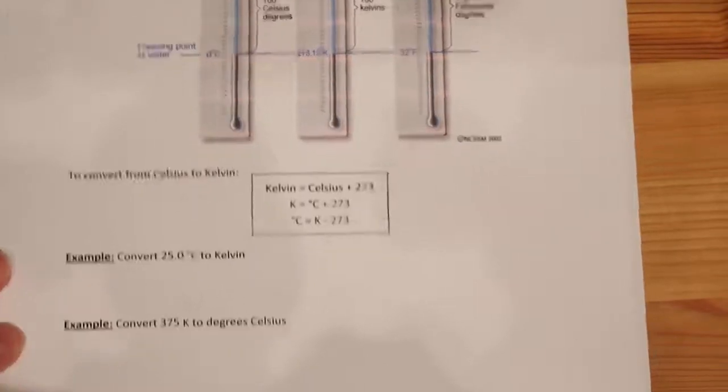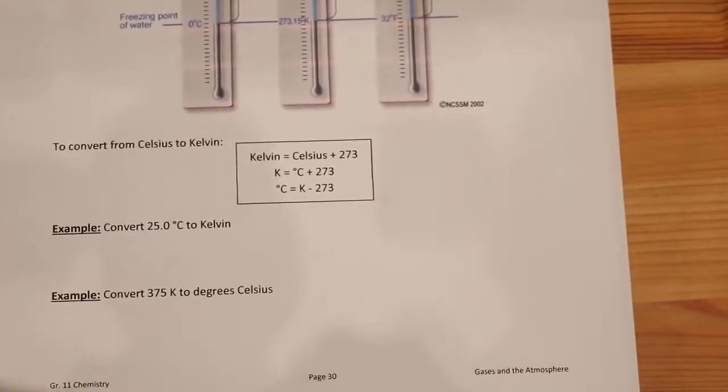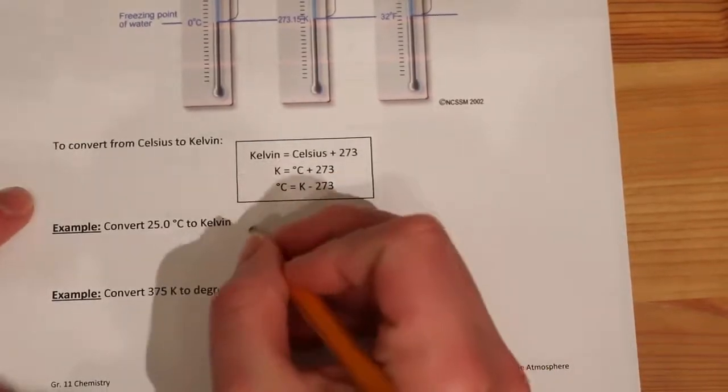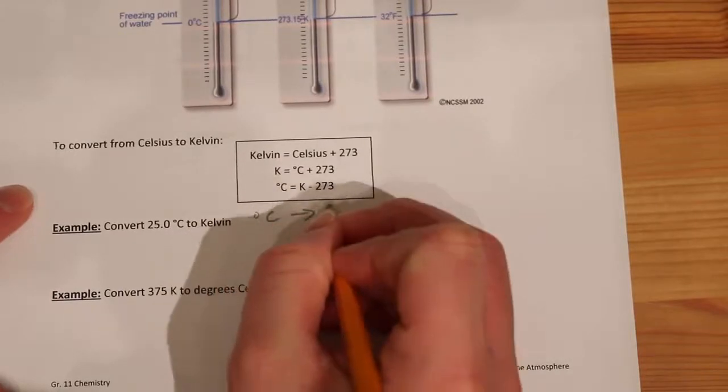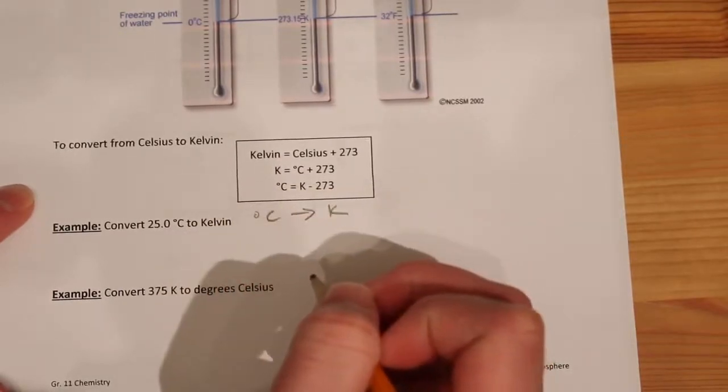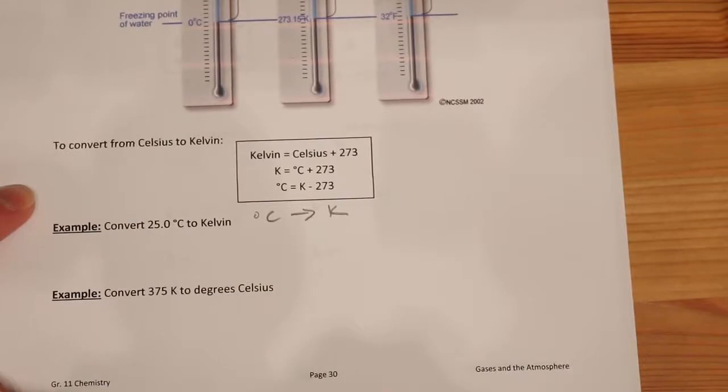So if we look at the first example on page 30, it says convert 25 degrees Celsius to Kelvin. So we're going from Celsius to Kelvin, and what we're going to need to do in this case is add 273.